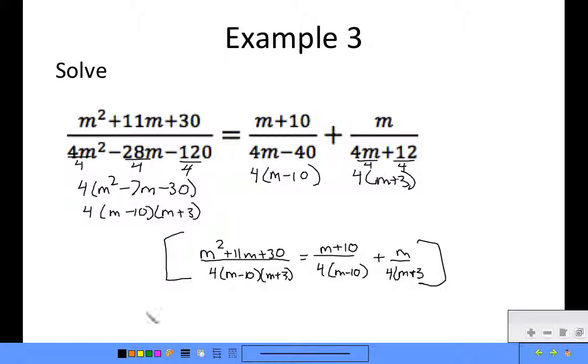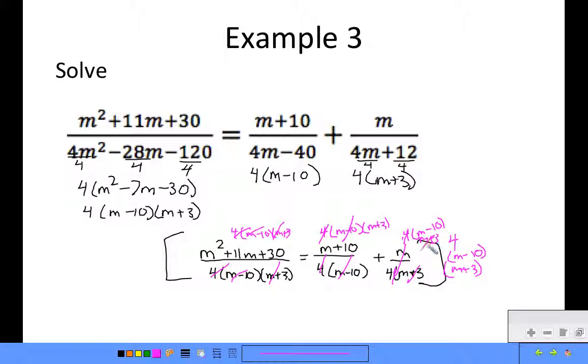So now we can do our fraction busters. So we have factors of 4, m minus 10, and m plus 3. Well, for this one, if we multiply 4m minus 10 times m plus 3, 4m minus 10, so those cancel out. This one we have 4m minus 10, m plus 3. 4m minus 10, m minus 10, and m times 4, m minus 10, m plus 3.